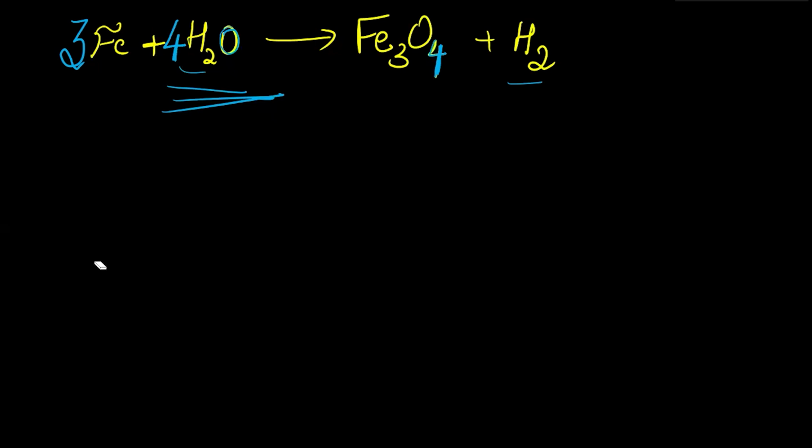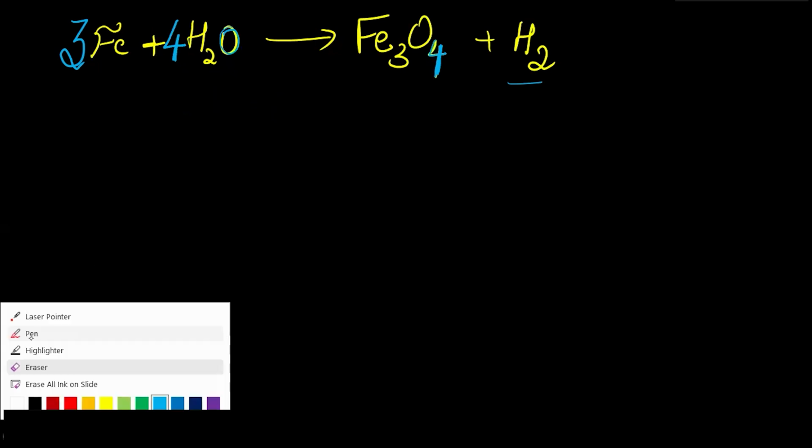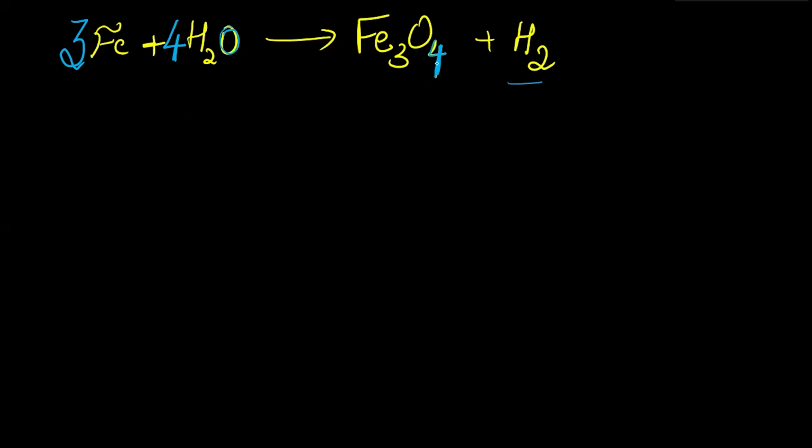Now understand here, oxygen is now balanced, but the hydrogen number has become 4 times 2, which is 8 here, and here only 2. So how will you make it 8 here? You have to write a 4 here. That is the next step.